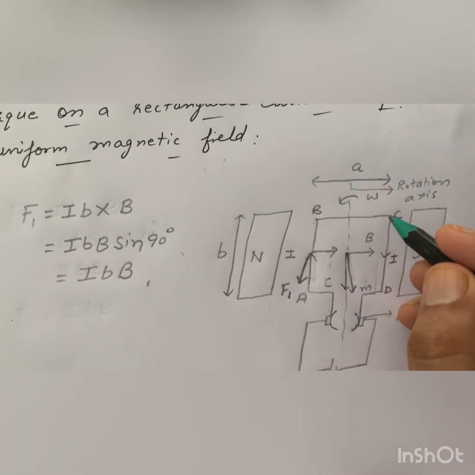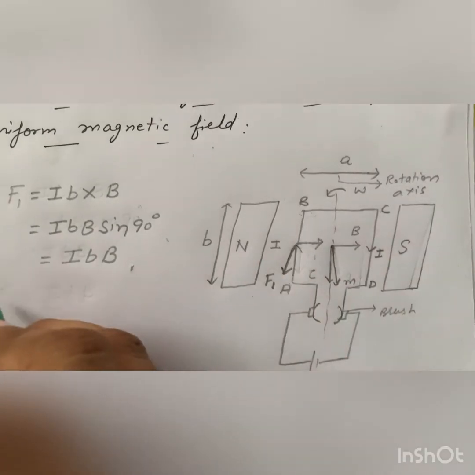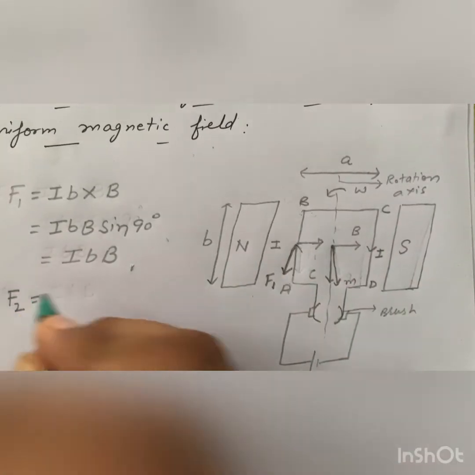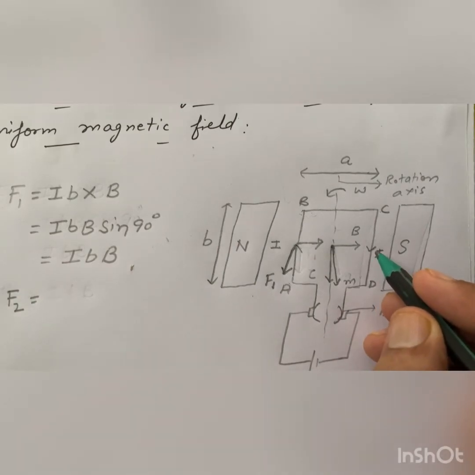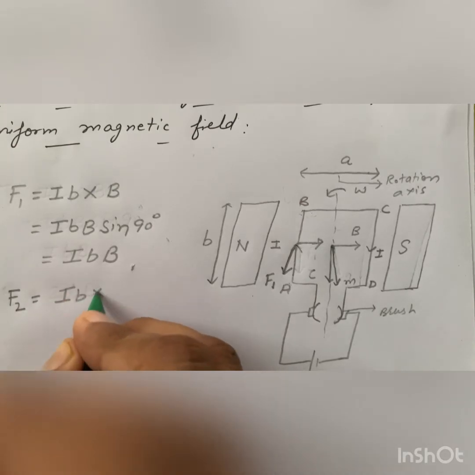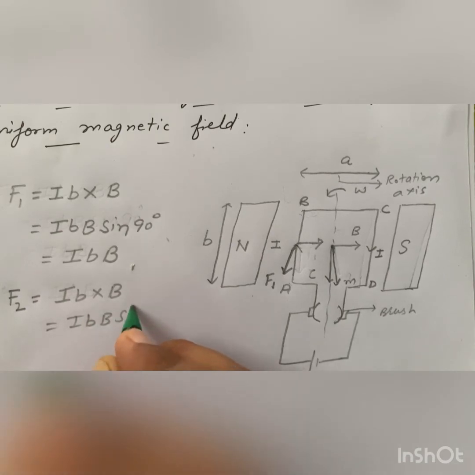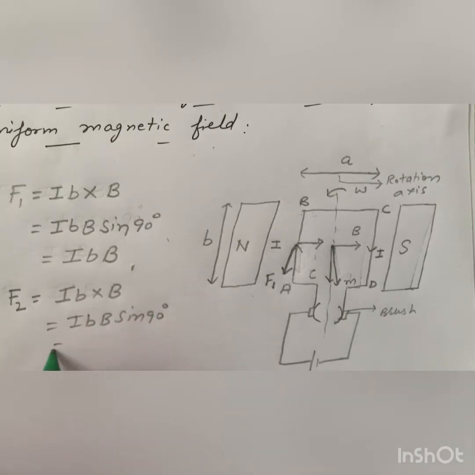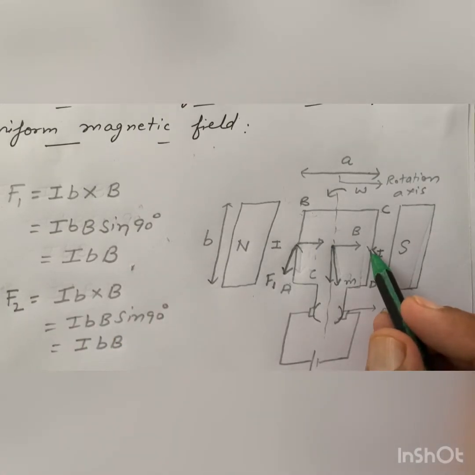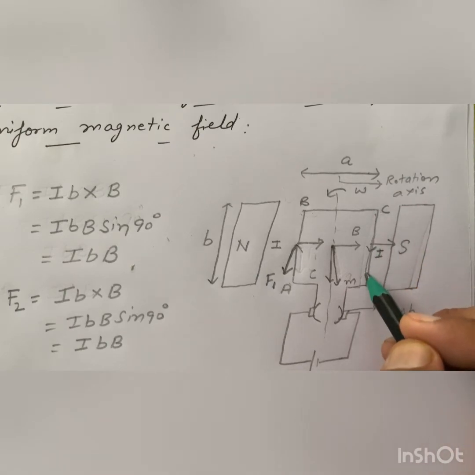Similarly, here current is flowing through the conductor CD. The force acting is say F2. Again we get I b B sine 90 degrees, and sine 90 is 1. We get I b B. Here we find the direction of the force. The magnetic field direction is in this direction and the direction of b is in this direction.